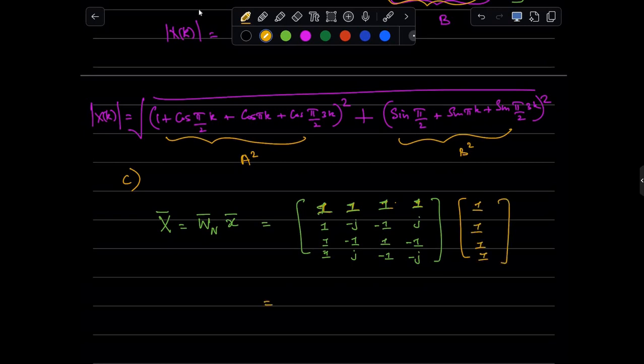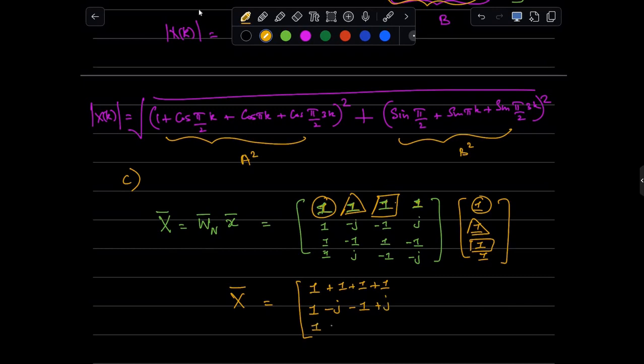Okay, so this is nothing but x, which is x of 0. I will write it as x now. X bar is 1 plus 1 plus 1 plus 1, because we just multiplied this with 1, then this with this, then plus this into this, like this. Next is 1 minus j minus 1 plus j.